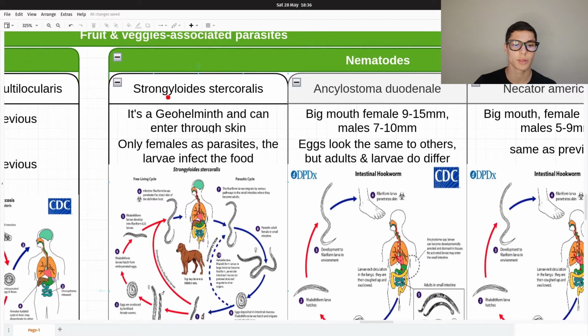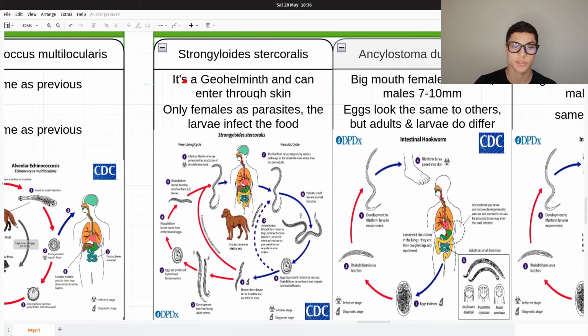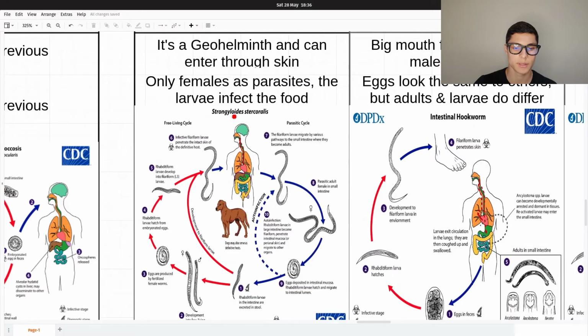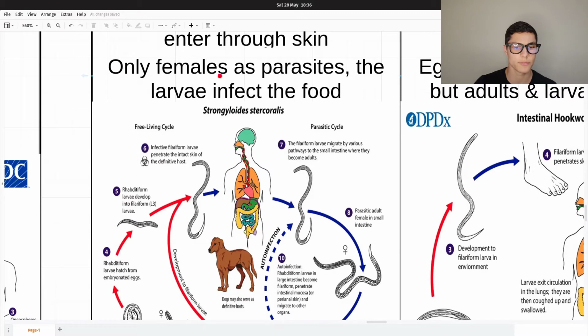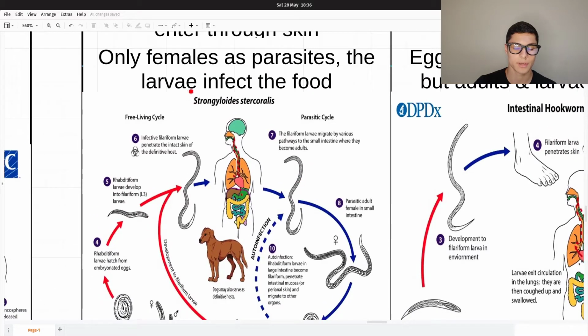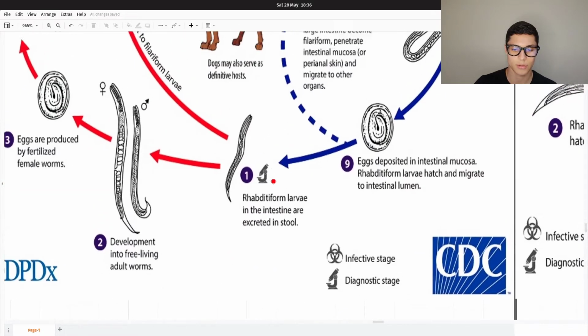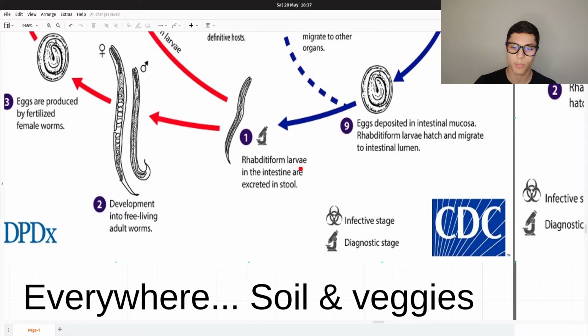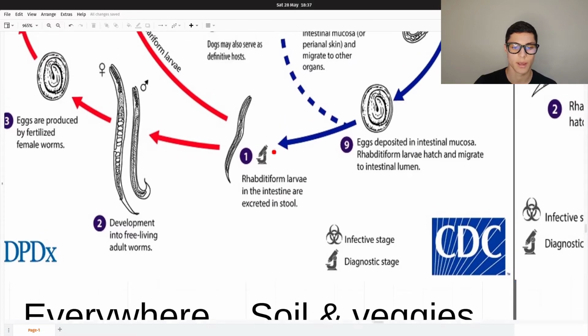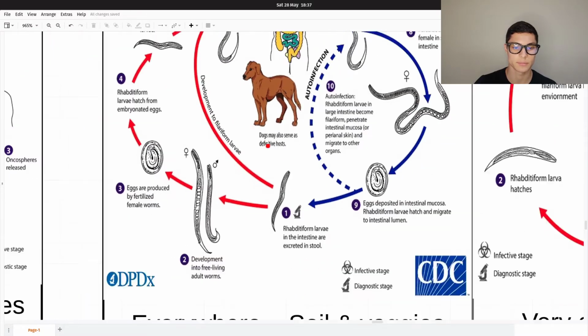We have Strongyloides stercoralis. It's a geohelminth, which means that it can go through the soil and can penetrate our skin. And it has a pretty interesting cycle because only the females are parasites, and the larvae infect the food. So the cycle starts with the rhabditiform larvae in the intestines, and those are excreted through the feces.